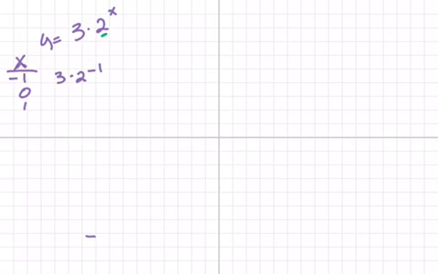That really means 3 over 1 times 1 over 2, because 2 to the -1 is just 1/2. So that's going to equal 3 over 2, which is 1.5. So when x is -1, y is going to be 1.5, right there.